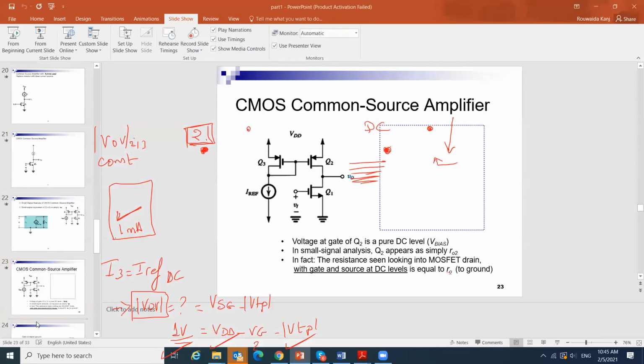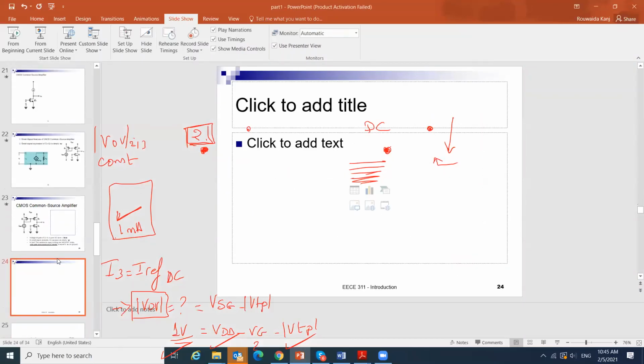So let me explain this to you, and then we will look at it from the slides. It will be clear for you. If I have a transistor, independent of whether it is NMOS or PMOS, but let us take NMOS and use it as a rule. If the gate is at DC and the source is grounded, and this is the drain, and I'm trying to see the effective output resistance, or the resistance seen looking into the drain, let us draw the pi model for this transistor.